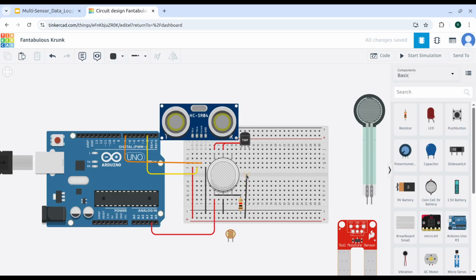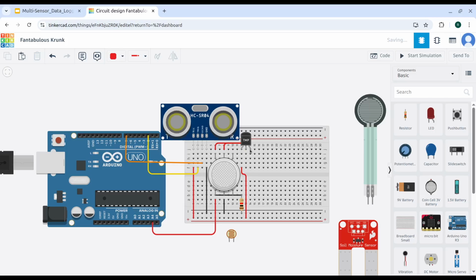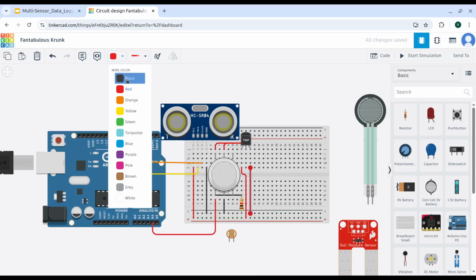I'm connecting this to here. Power pin, right? So positive. Then this is ground pin. So here I am connecting this to negative rail of the breadboard.